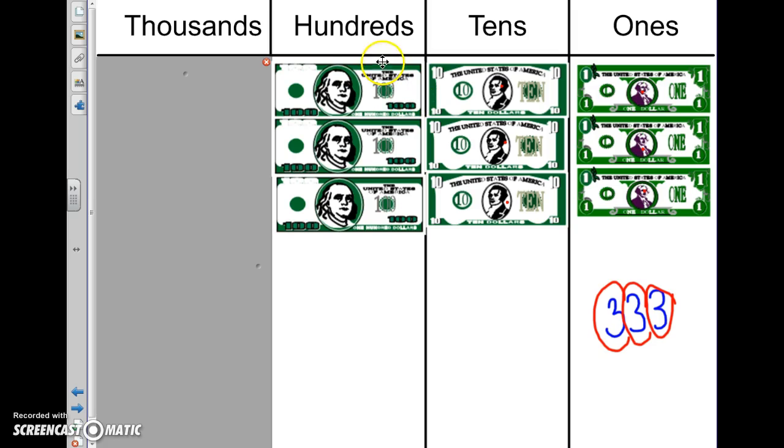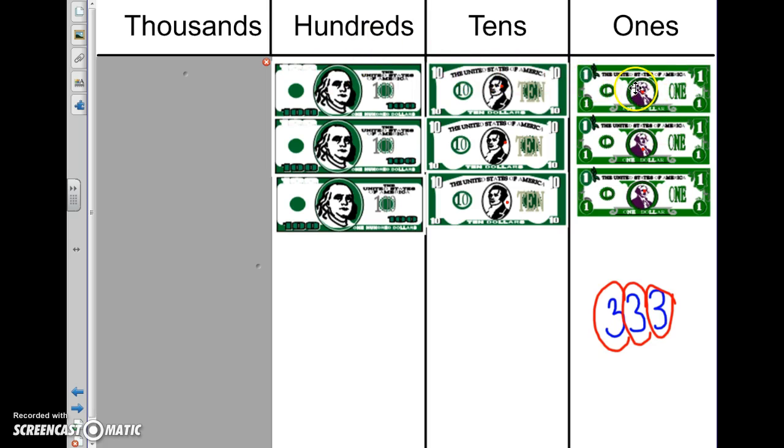The last thing that I really quick want to think about and look at is, what do you notice as we move through the place values from right to left? So each one of these, there's 3 bills, right? I got my 3 $1 bills, my 3 $10 bills, my 3 $100 bills. What pattern do you notice is occurring when we move from the right to the left?